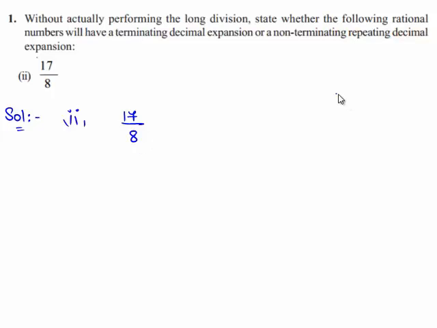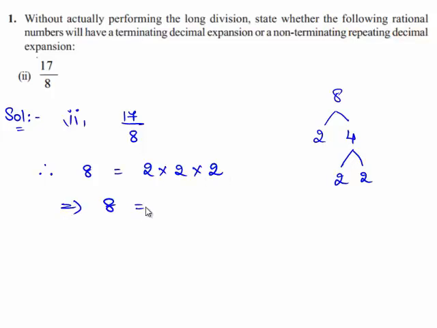Therefore, we shall factorize the denominator 8. 8 can be written as 2 times 4 and 4 can be written as 2 times 2. Therefore, 8 can be expressed as 2 times 2 times 2, which implies 8 is equal to 2 power 3 times 1, which implies 8 is equal to 2 power 3 times 5 power 0.